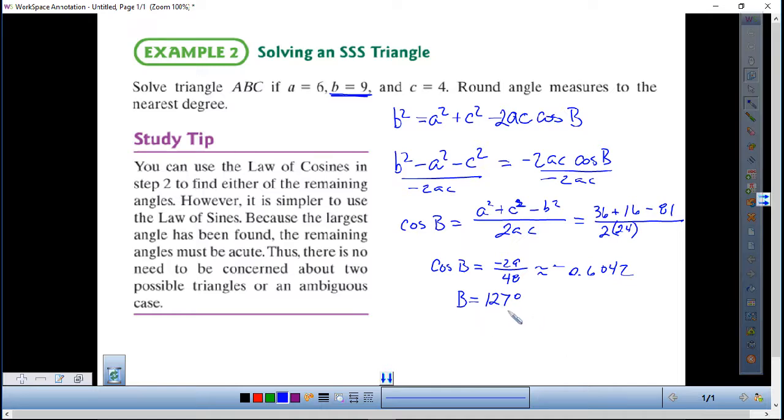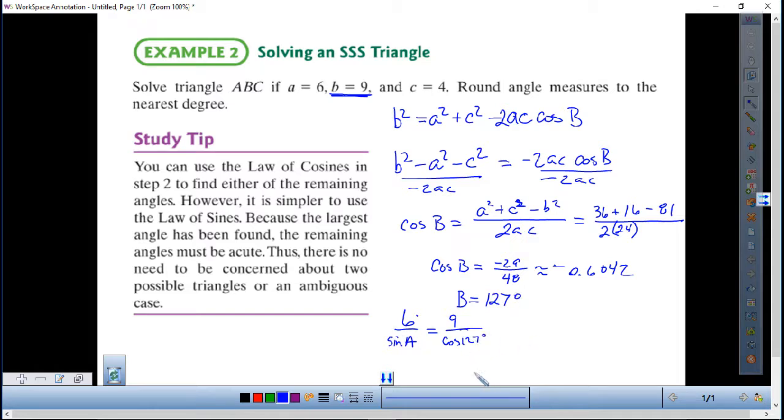All right, at that point we could actually use the law of cosines again with either a or c, but it's so much easier to do it with the law of sines. So let's set up just the first two ratios of the law of sines. We're going to have a, which is 6, over the sine of angle A, is equal to b, which is 9, over the sine of the angle we just found, 127.